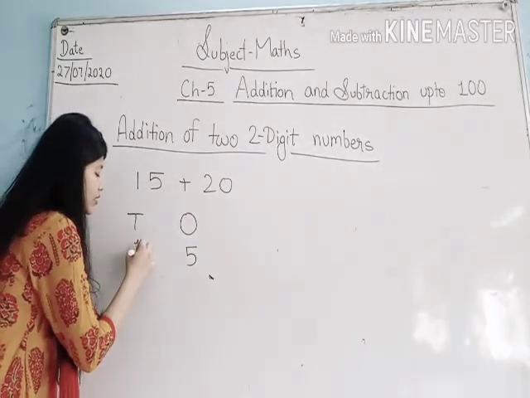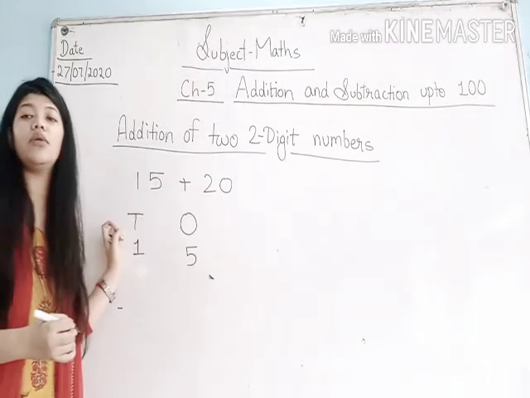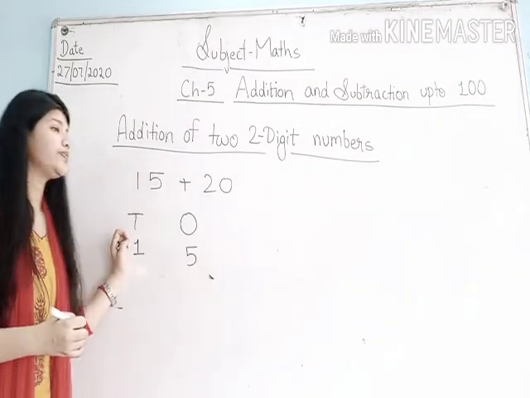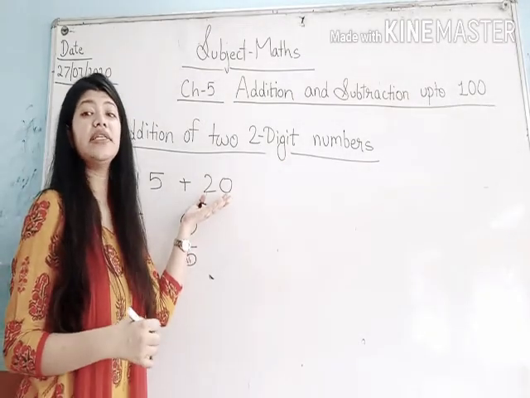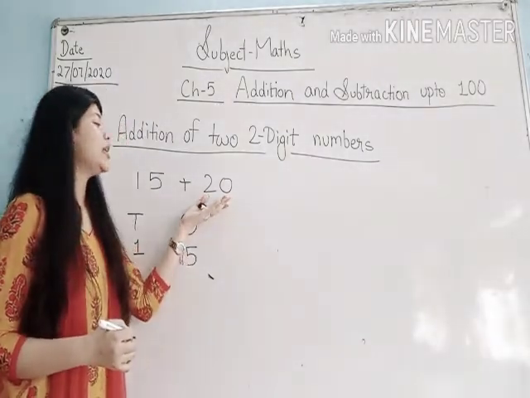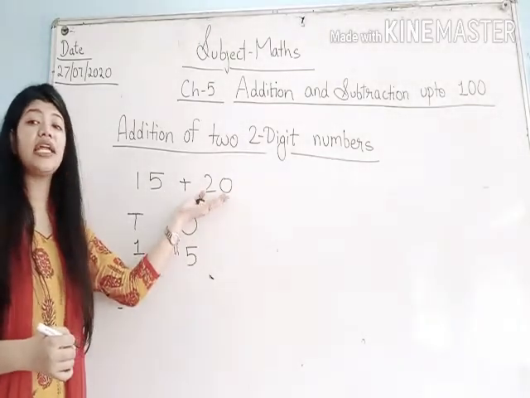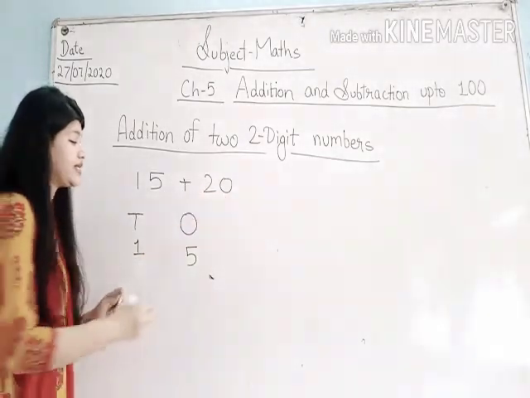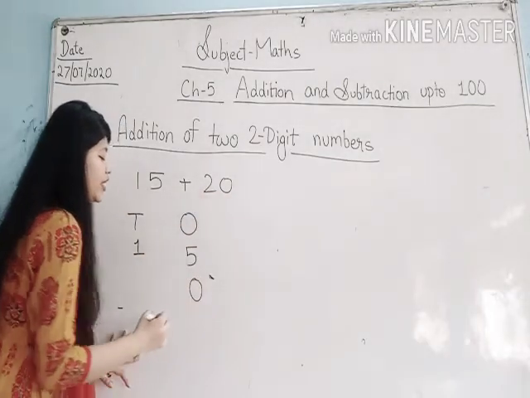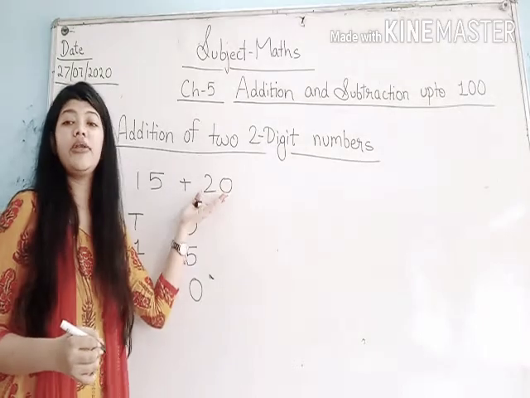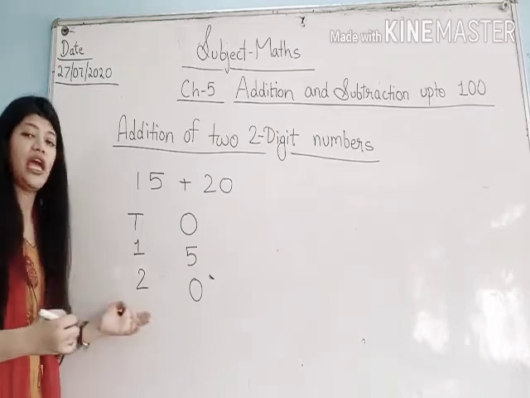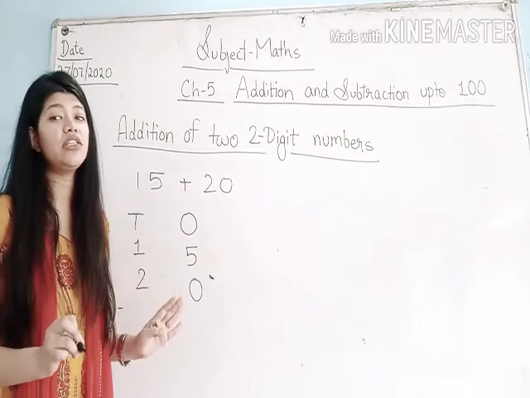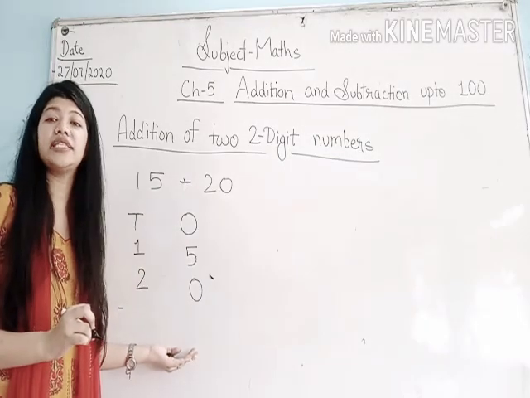So we will write 1 under the column of tens. Now let's come to number 20, which is our second number. In number 20, 0 will be placed at the ones place. So we will write 0 over here and 2 will be placed at the tens place. We have done our first step. We have arranged the numbers under the column of tens and ones.